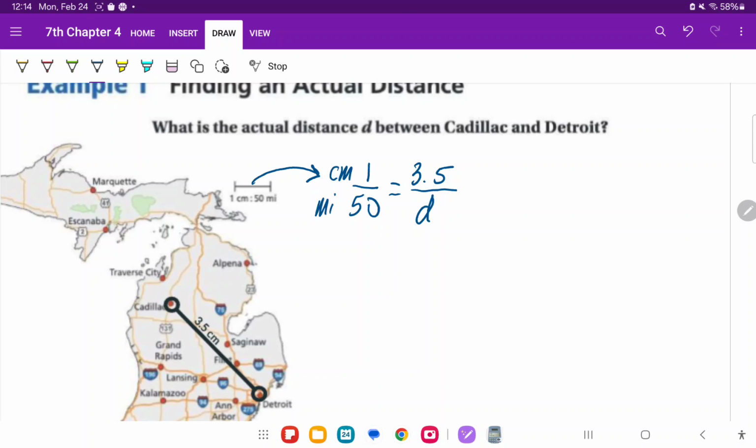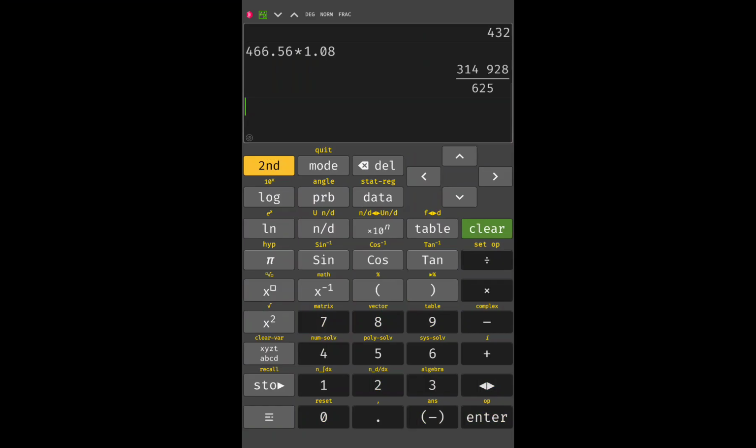Then we're going to cross multiply, right? So 1 times D is D, and then 3.5 times 50, that is 175, okay?